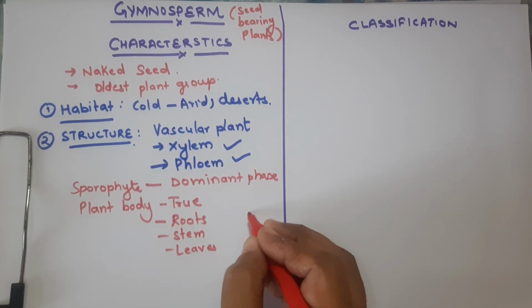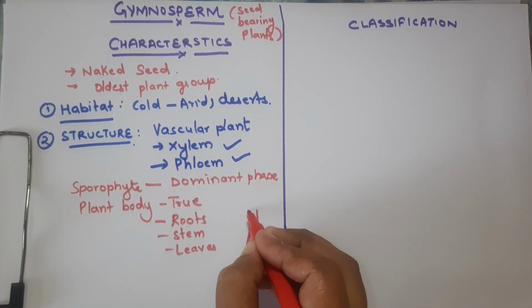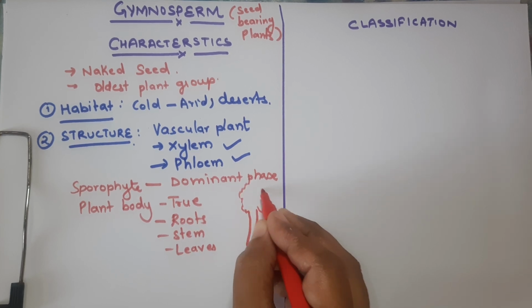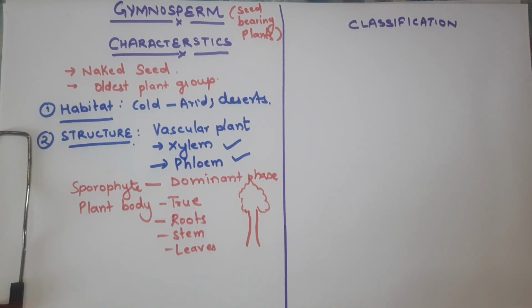Students, there are tall trees, like the pine tree and others; those are gymnosperms. The trunk portion of several gymnosperms is very hard and durable, so it is used for making furniture also. So the gymnosperms have roots, stems and leaves.